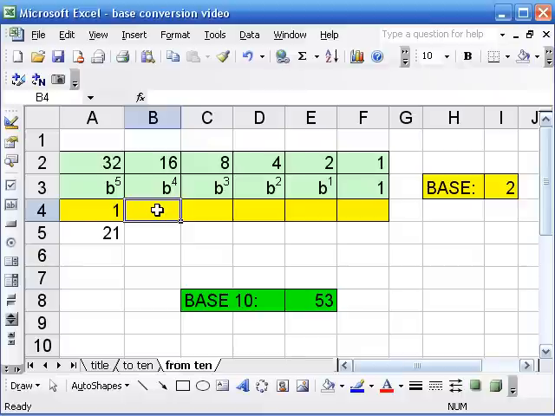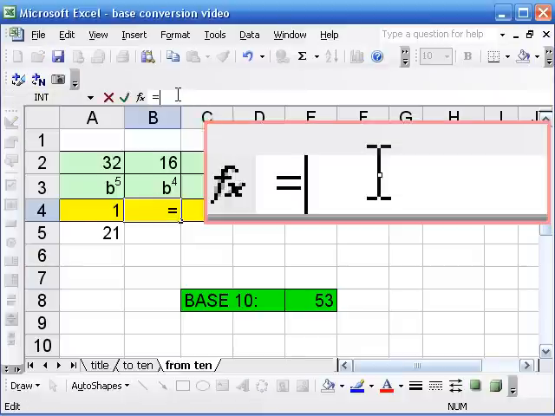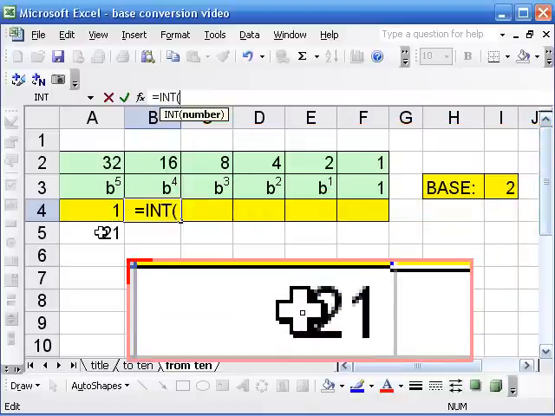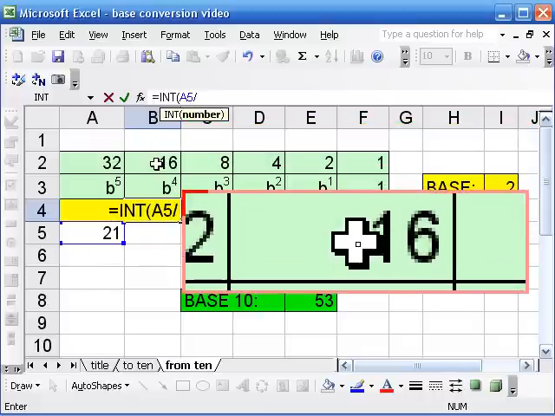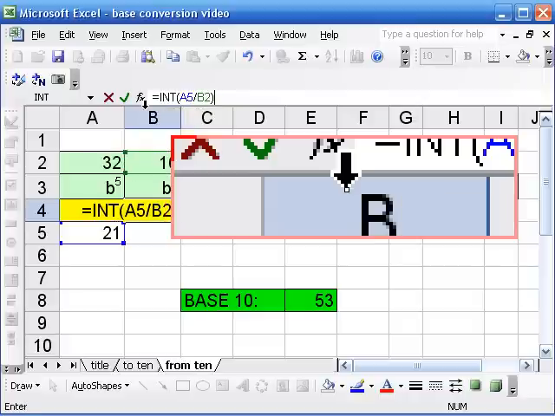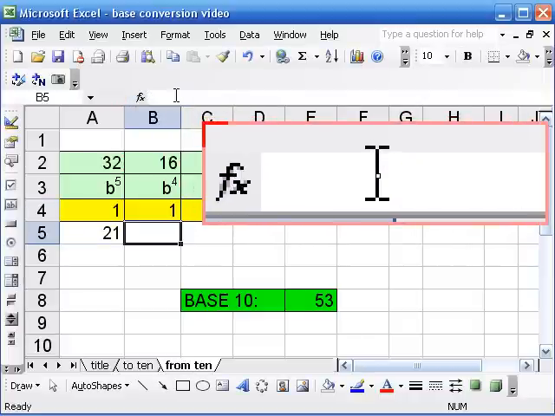So over here, we want to do the same thing we just did with that quotient, but now we want the cell below and to the left, and that is a relative reference, divided by the new place. Hit return there.